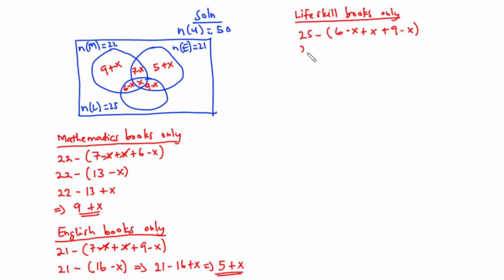So we have 25 minus, now 6 plus 9 is 15. So 15, negative x cancels positive x, we are left with negative x. Now 25 minus 15 is 10. So we have 10 plus x. So the number of students who had only life skill books is 10 plus x.